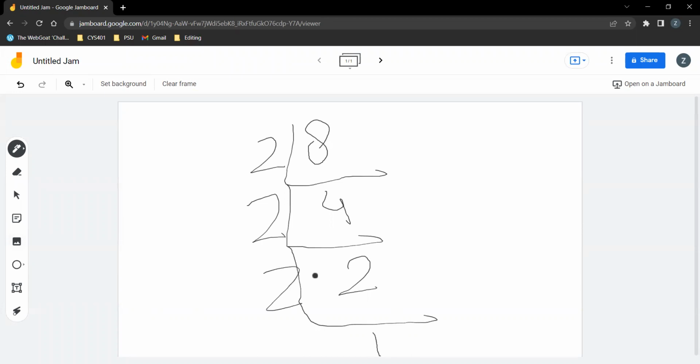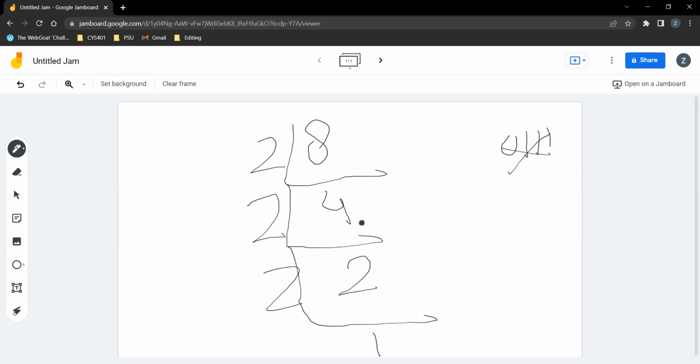So in this way, we keep on dividing until we get 1. And for each division or each appearance of 2, we put 1. So let's say 1, 1, 1. No, we should start from here.